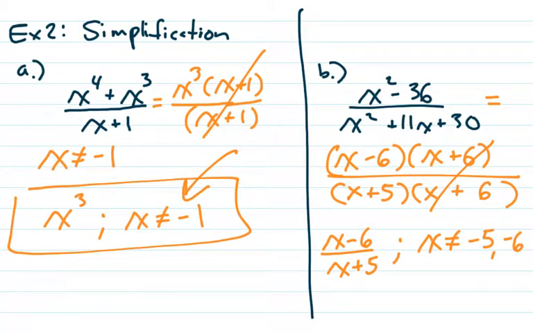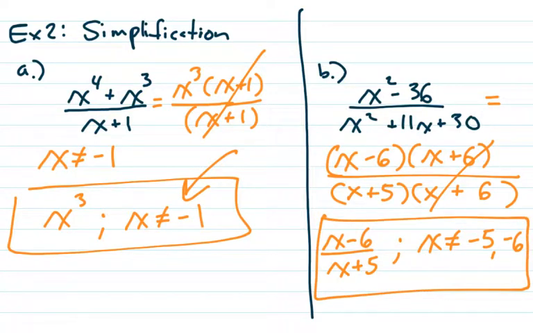If you don't include that, it's wrong. It makes it a totally different expression where you can plug in negative 5 and negative 6, because there's nothing in the simplified expression that would tell you that you can't. But your original problem wanted it where you could not plug in those numbers.